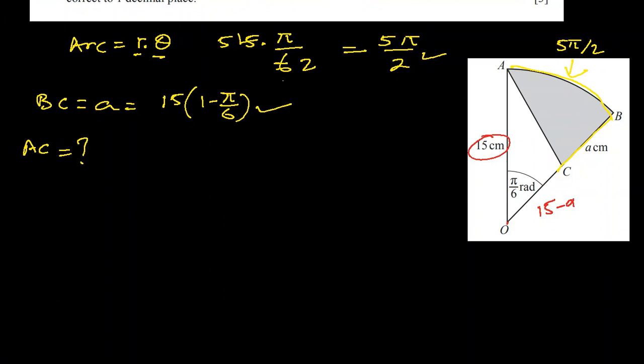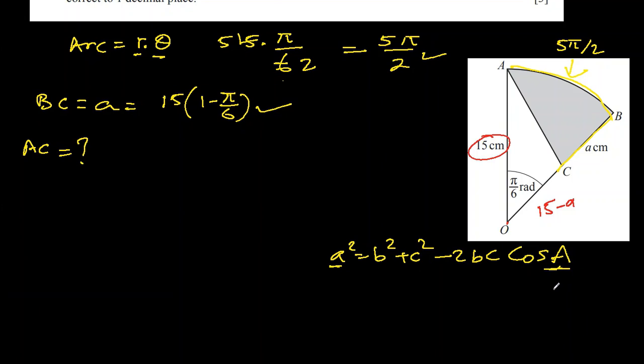AC equals what? If you see in this triangle, AC is the unknown side opposite to the angle pi by 6. Can you see? So I can use the cosine rule to find this side AC. The cosine rule is A squared equals B squared plus C squared minus 2BC cos A. This side and this angle are opposite to each other.